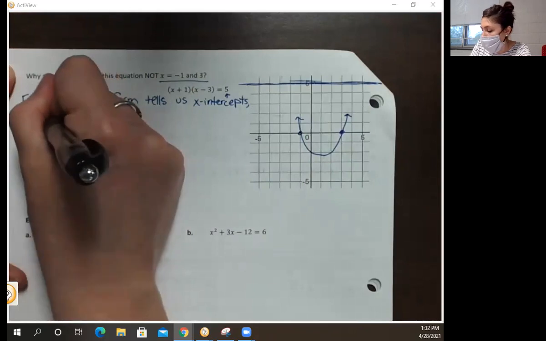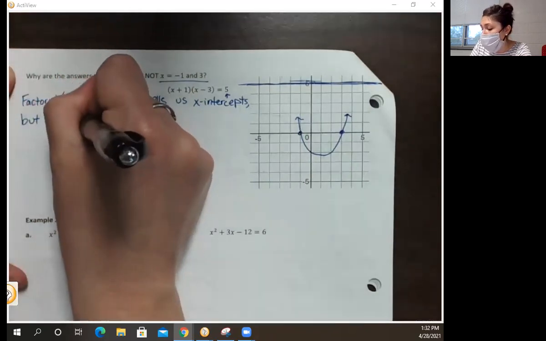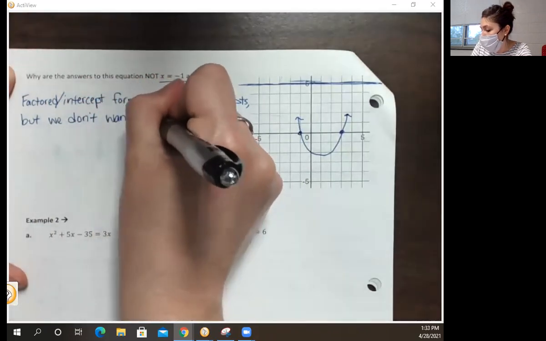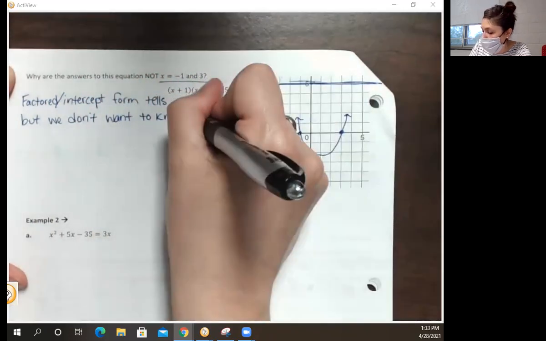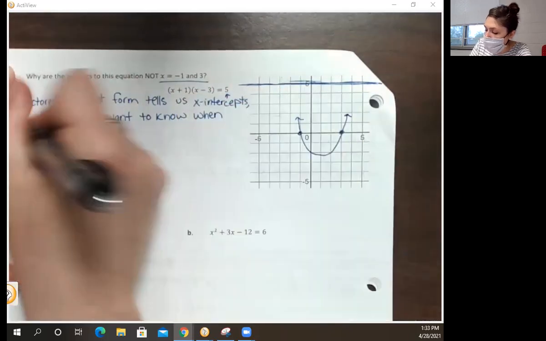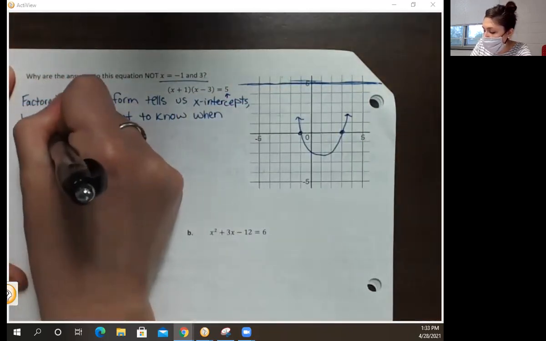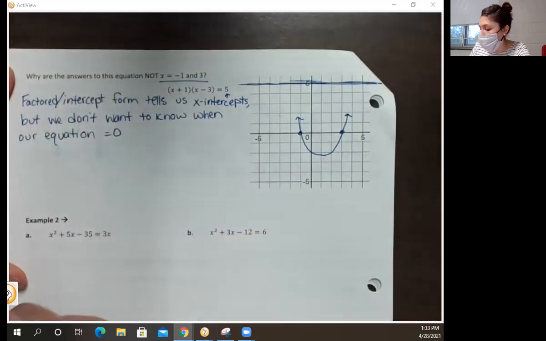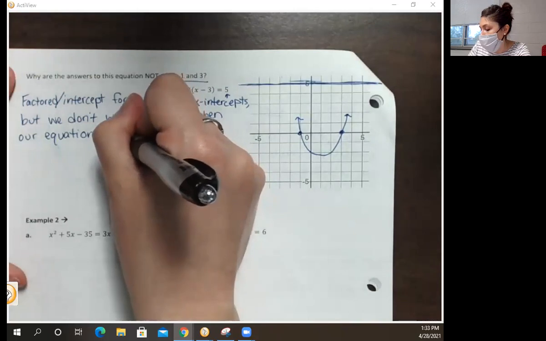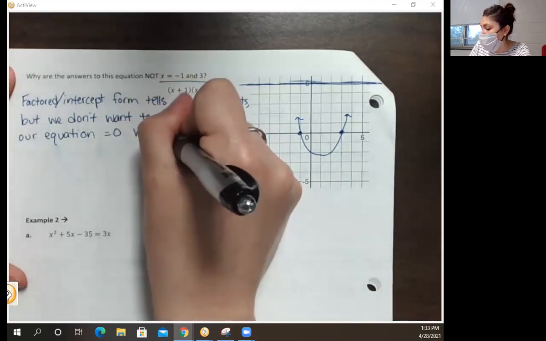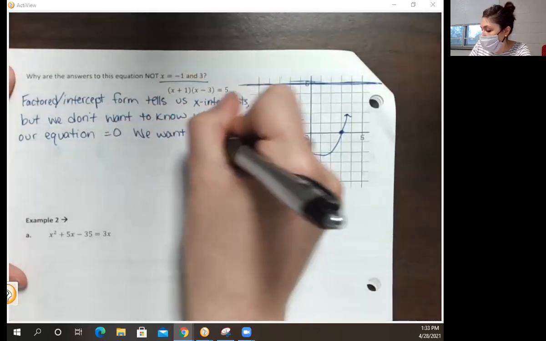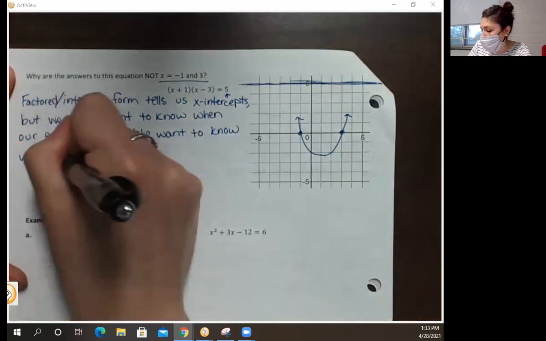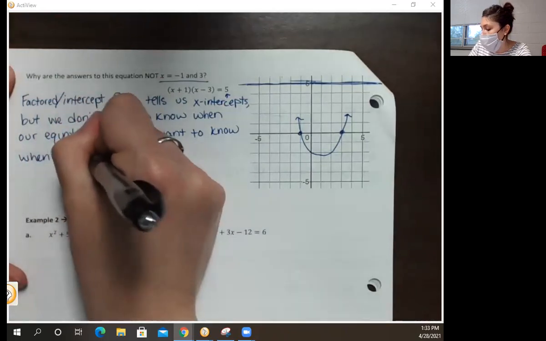But we, for this problem, don't want to know when our equation equals 0. We want to know when it equals 5.